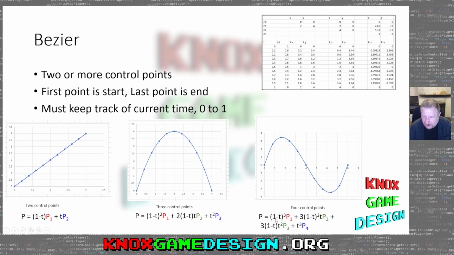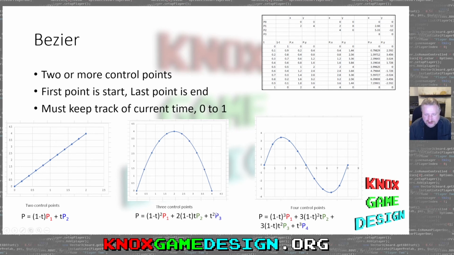So it's 1 minus t cubed times the first point, plus 3 times 1 minus time squared times time times the second point, plus 3 times 1 minus time times time squared times the third point. That's a tongue twister. Plus time cubed times the fourth point. I'm not going to go into all the math behind that. Just know that's the function.